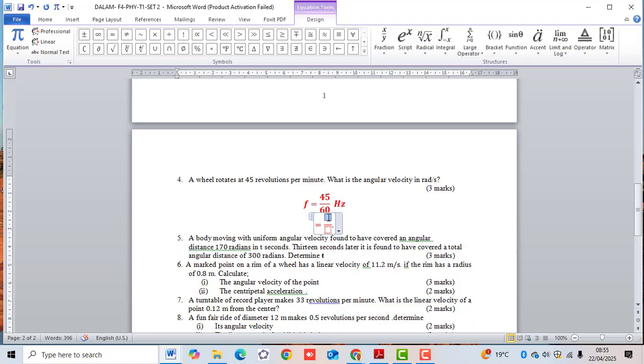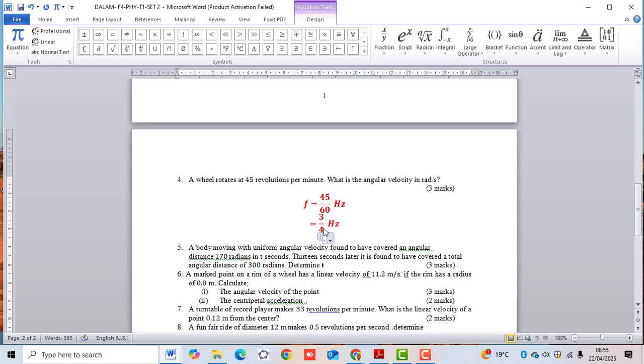When you simplify 45 over 60, Kariuki? 9 over 12, and then you get 3 over 4. Yes, it's 3 over 4. This one is hertz. Yes, then from there, you go to?